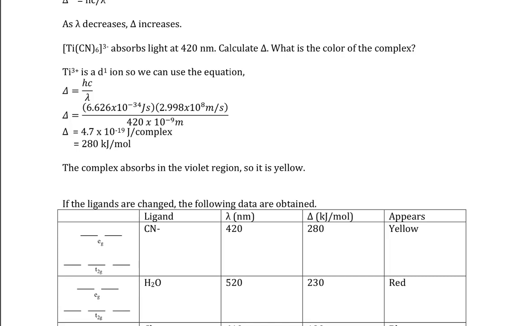And if we convert from joules to kilojoules and from complexes to moles of complexes, we get that delta is 280 kilojoules per mole. The complex, by the way, since it is absorbing in the violet region, we would predict to be yellow.